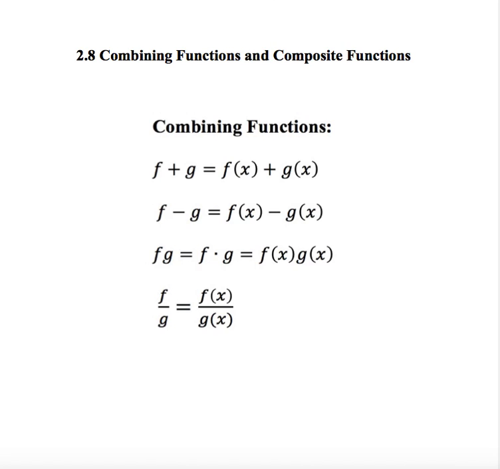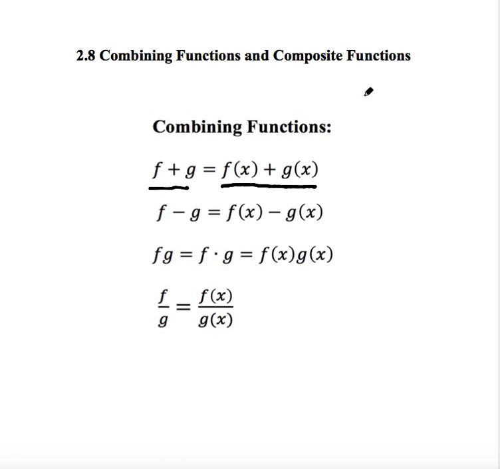So what you see here is just simply the notation that you may see. Okay? When you see f plus g, that simply means you're going to take your f of x function and add it to your g of x function. So you're going to combine those two functions with addition. So again, all of these are just notation.